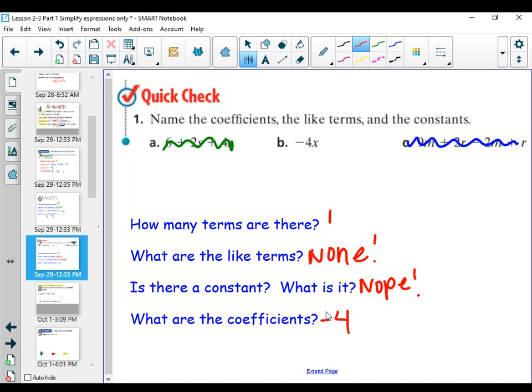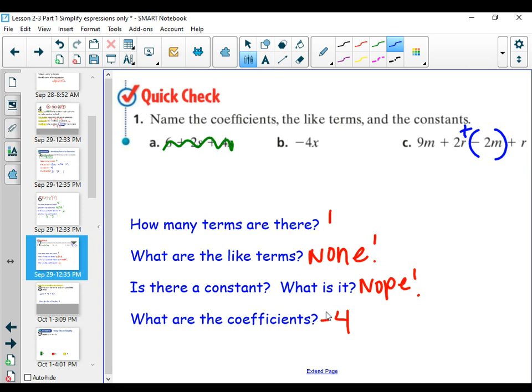You can pretty much predict what today's worksheet is going to look like. Naming the parts. Be very, very careful of this invisible math. If I was going to do C, one of my coefficients would be negative 2.